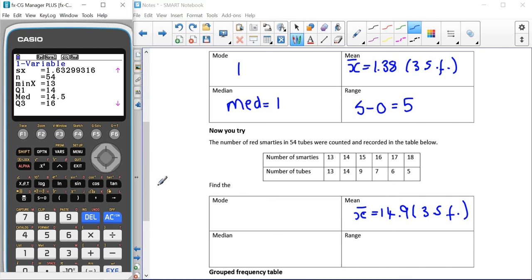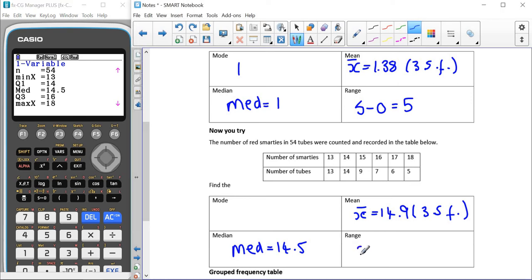Scrolling down a bit more, our median is 14.5. Scrolling down a bit more, our range goes from 18 to 13, which gives us a range of 5. And the mode, making sure that you can see the N and F to make sure you can see all of the modes, is 14.